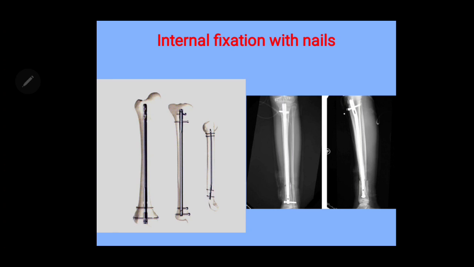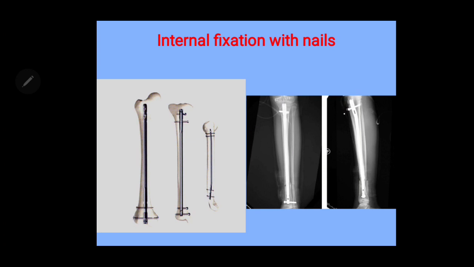Every tubular bone has its intramedullary canal, and such big bones as femur, tibia, humerus, even forearm bones can be fixed with intramedullary nails. It can provide good stability and quite early rehabilitation, but there are some peculiarities of the application that we should discuss with you, and of course different types of these devices.